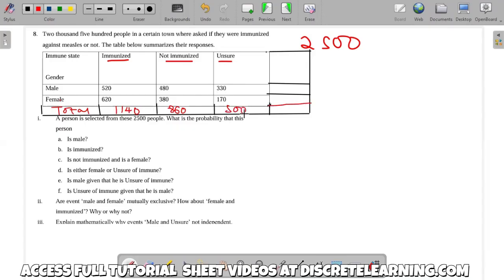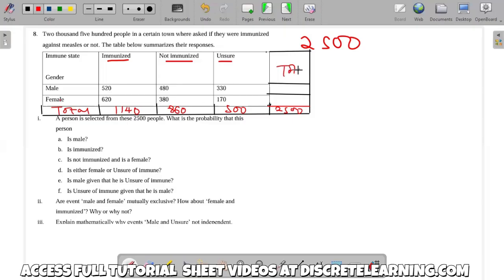Now you have to add these numbers to see if they give you the total of 2,500 people. So 1,140 plus 860 plus 500, I'm going to get the same number, 2,500. This shows that you're doing the correct thing.